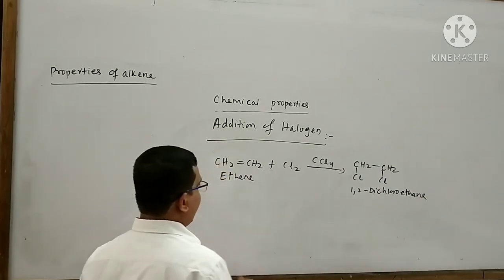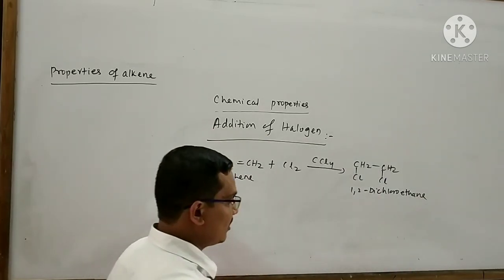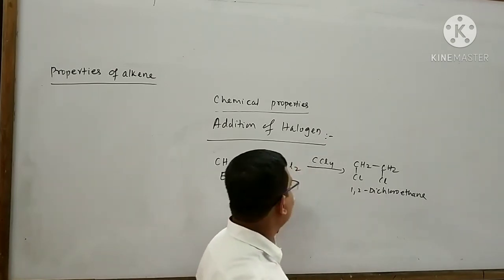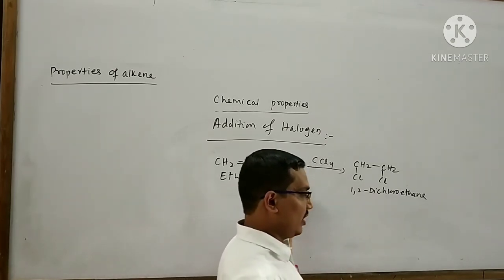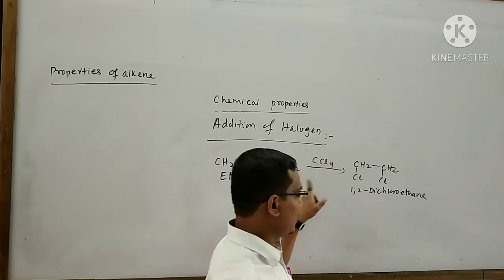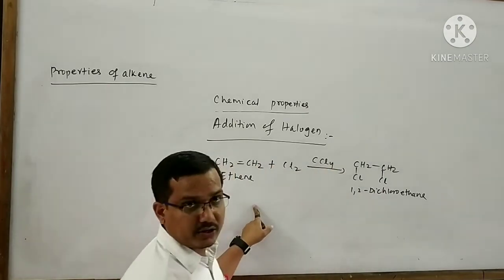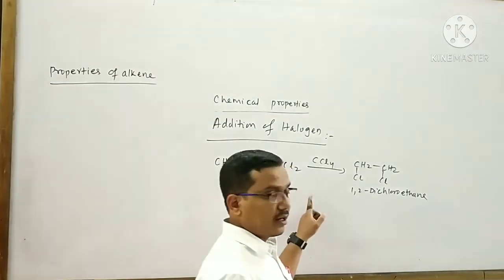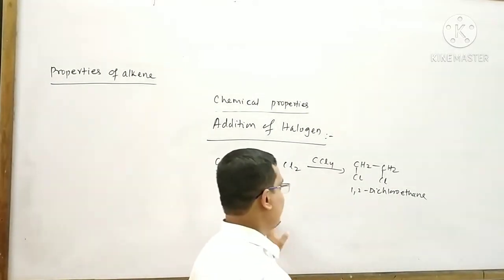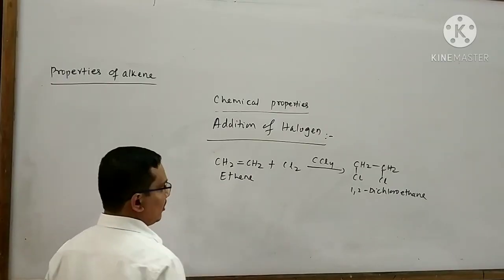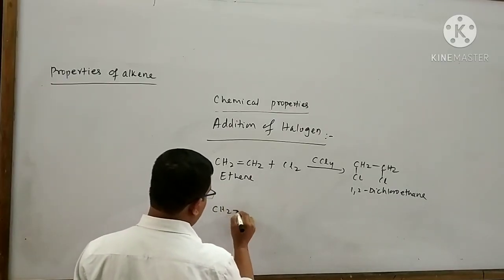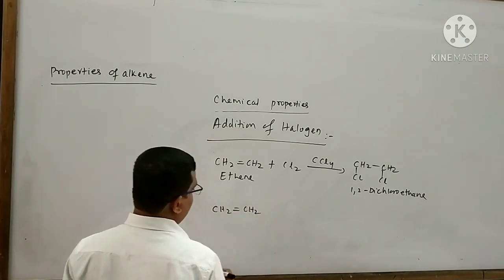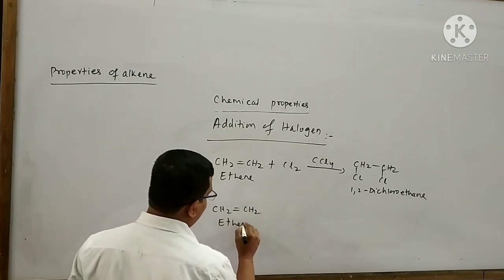I can write a statement for this reaction like this. When an alkene is treated with chlorine in the presence of CCl4 in the dark condition, then dichloroalkane is formed. Similarly, take another example, CH2 double bond CH2. This is ethene.